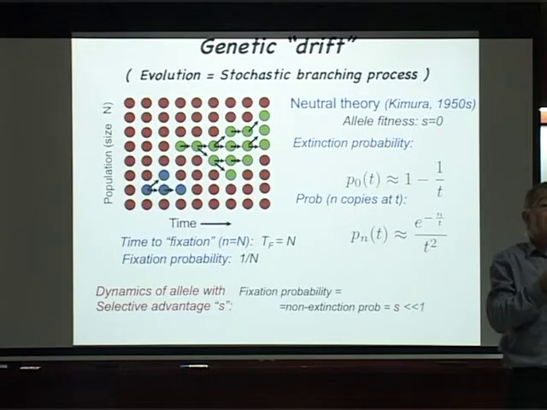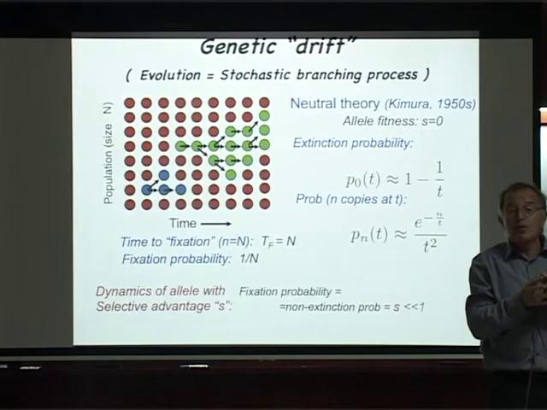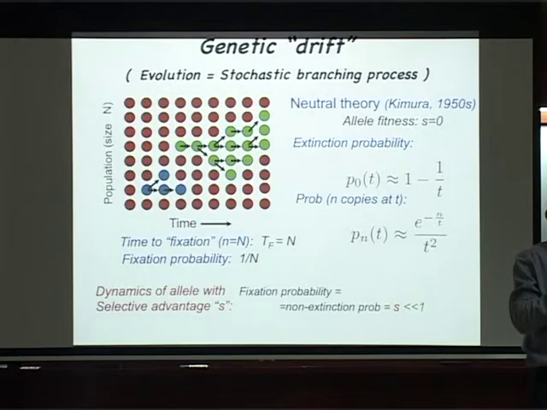So then this notion of neutral theory was that all of the variation that you see in the population is essentially neutral. And those are the alleles that are eventually on the way out of the population. They're on the way towards extinction, except for a few that fixate.